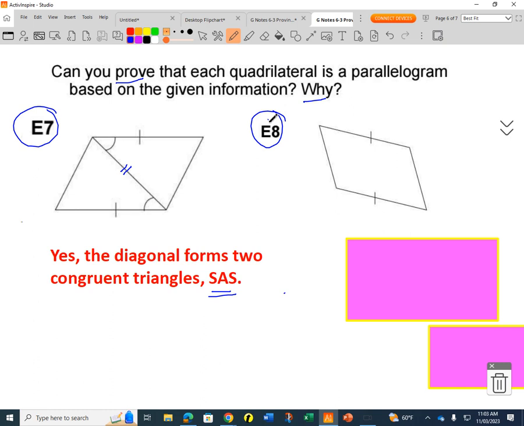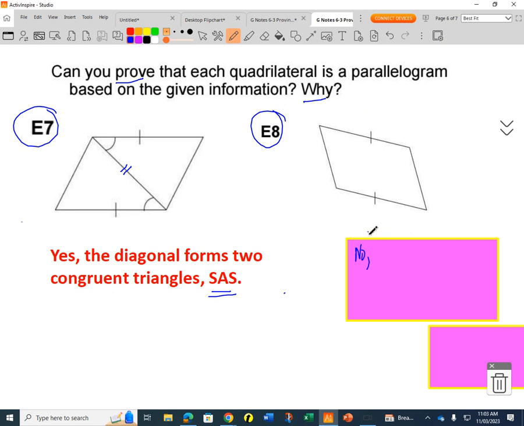So Tyron said we can say yes because one pair of opposite sides are parallel and congruent. But they don't tell us that those sides are parallel, do they? They don't. So we have to say no here. We can't prove that this is a parallelogram because we only know that one pair of sides is congruent.